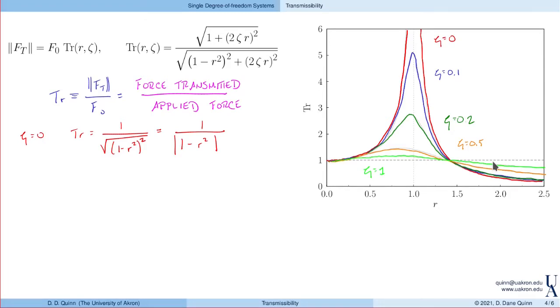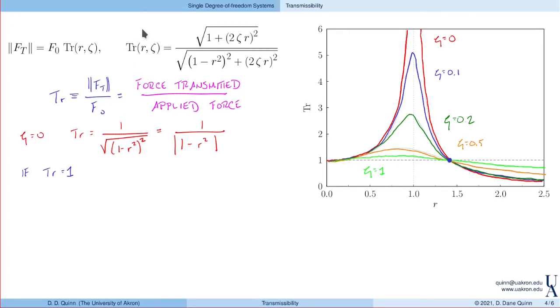Now, one important thing to notice is that if r is equal to a certain value, then all of these points pass through the same spot. And that corresponds to TR is equal to 1. So if TR is equal to 1, let's go and figure out what that frequency ratio is.